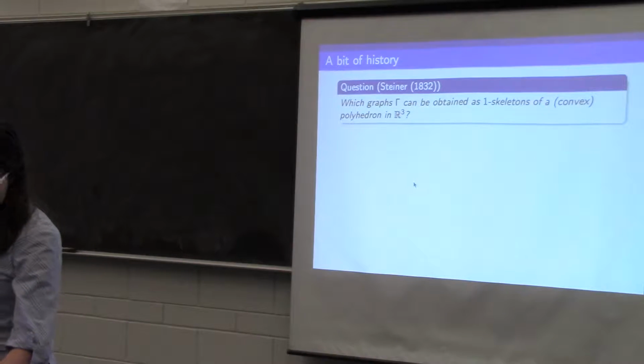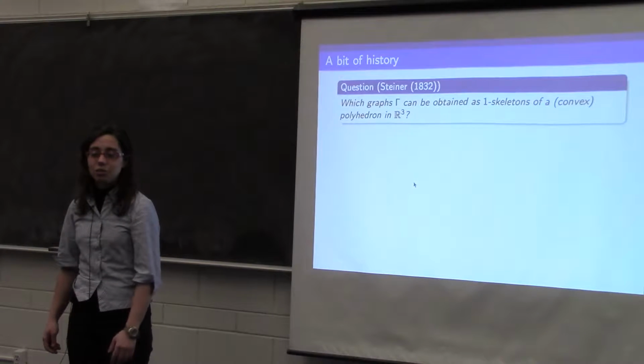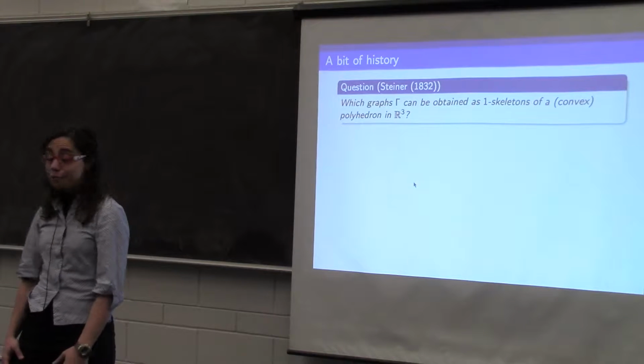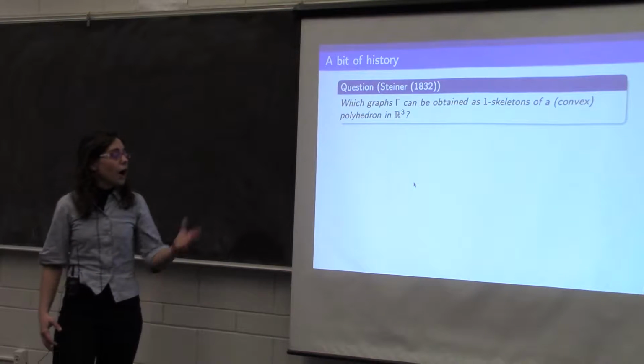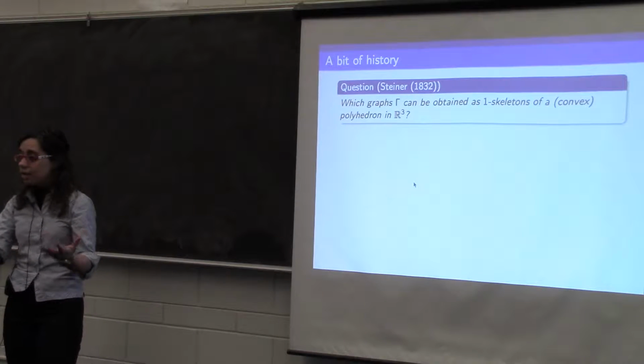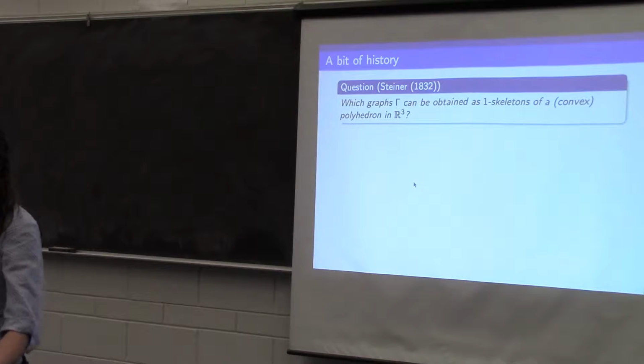Going back to Steiner in 1832, he was asking: given a graph, how do we know if this graph can be obtained as the one-skeleton of a polyhedron in Euclidean space?